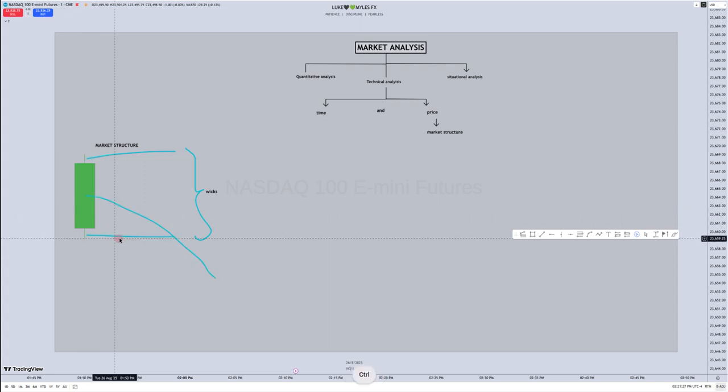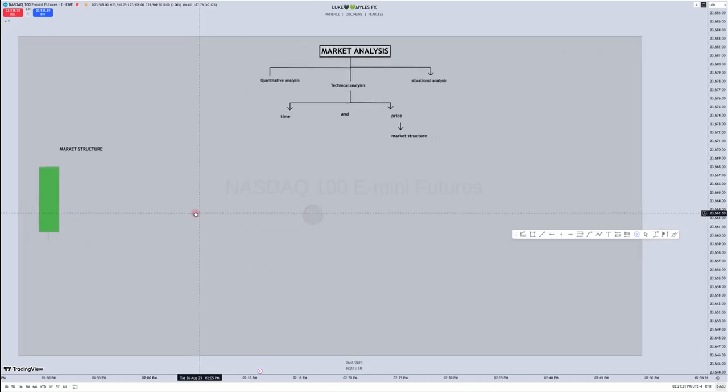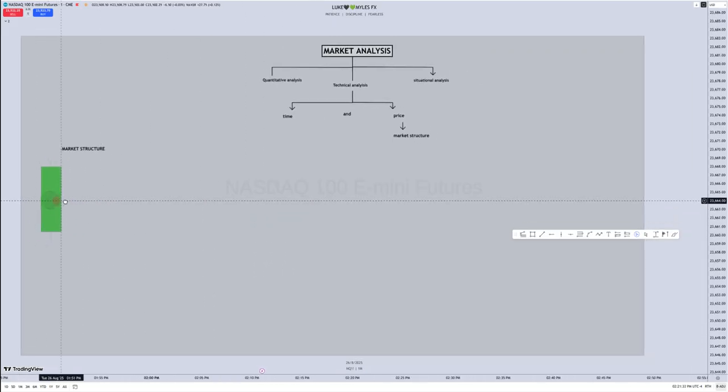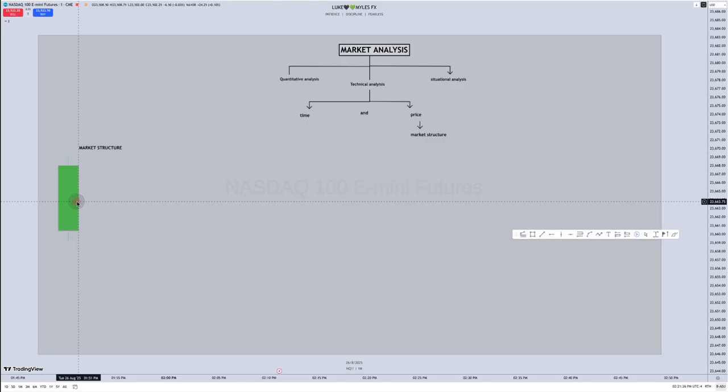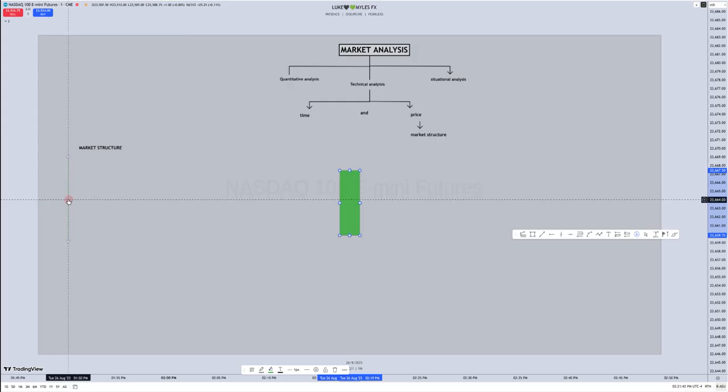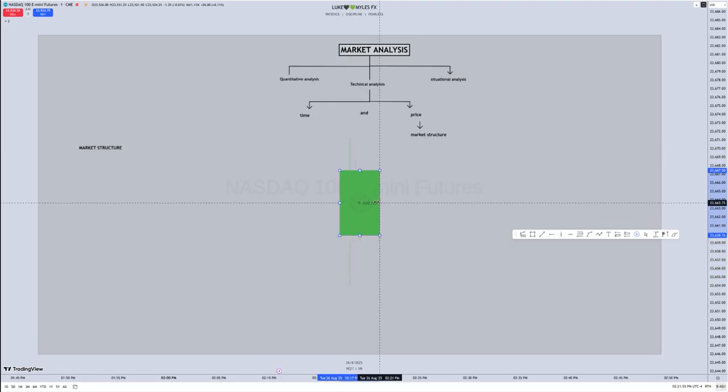Now if I'm to do something of this sort and bring it out to here, so if we are to look at this as something, let me make it bigger for you to see very well. I would want you to see it very clearly.